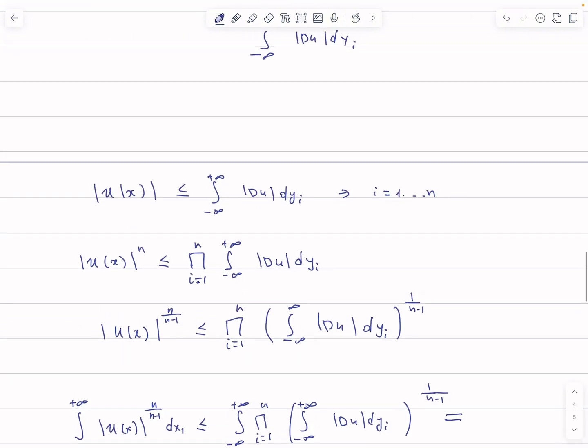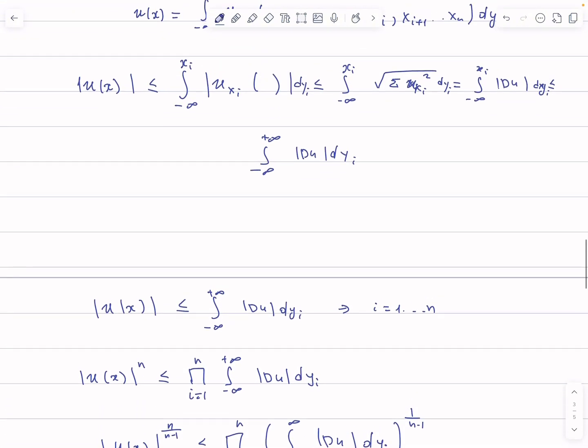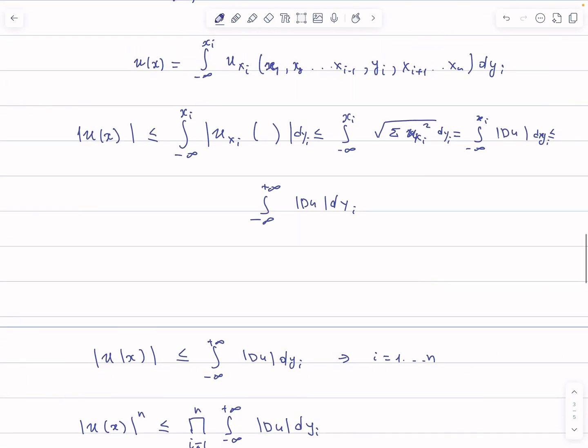Because here we had dependence on xi, but when we made the inequality, less or equal to the integral to plus infinity, now here we don't have any dependence on x1.